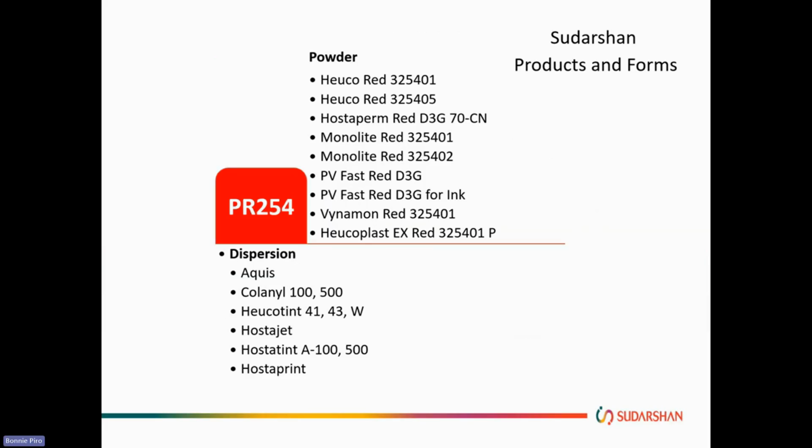From a Sudarshan perspective, as I mentioned, it's part of our portfolio in various powder forms. We have a number of brands that are active in all types of application areas, as well as a number of dispersions that are available, utilizing the Pigment Red 254 pigment.